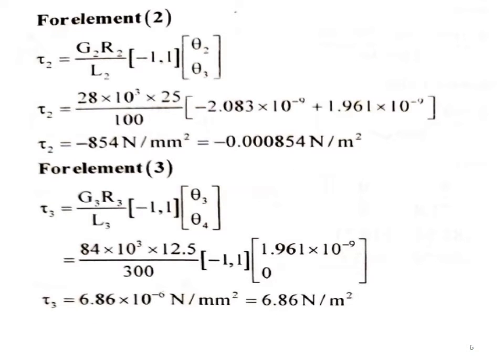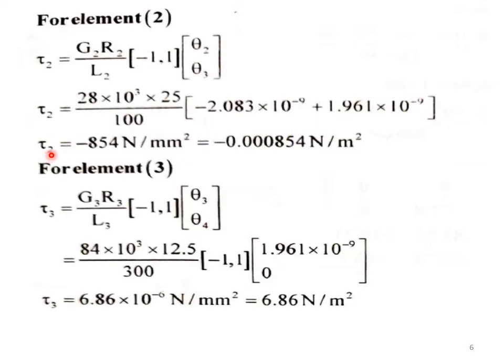Similarly, for element 2, tau 2 is equal to G2 R2 by L2, [minus 1, 1], theta 2, theta 3. Tau 2 is equal to 28 into 10 to the power of 3, 25 divided by 100, minus 2.083 into 10 to the power of minus 9 plus 1.961 into 10 to the power of minus 9.